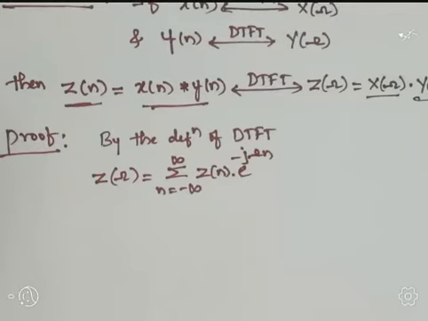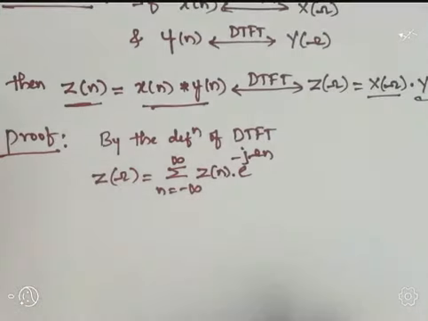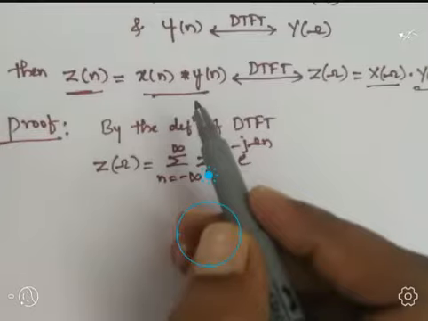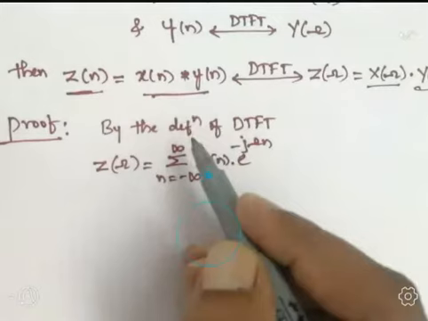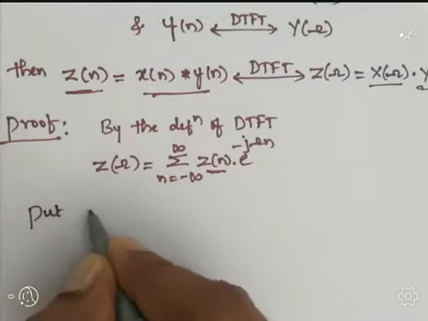So with the help of the definition of DTFT, we calculated Z of omega, where z of n stands for the convolution between two sequences x of n and y of n. First, let us make use of the definition of convolution.